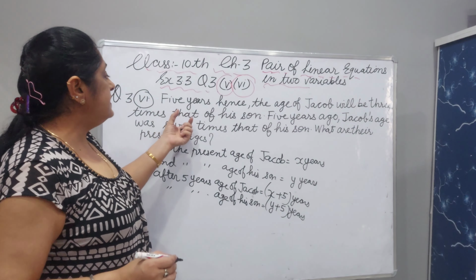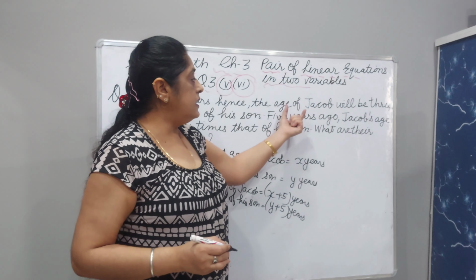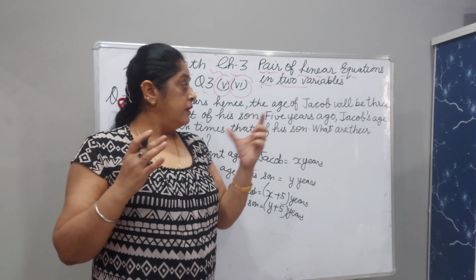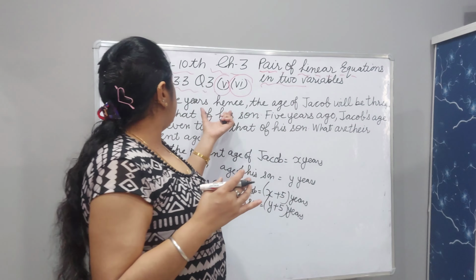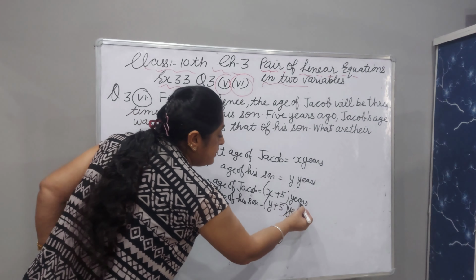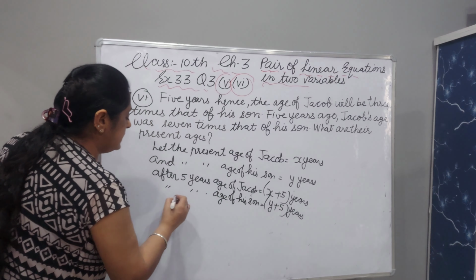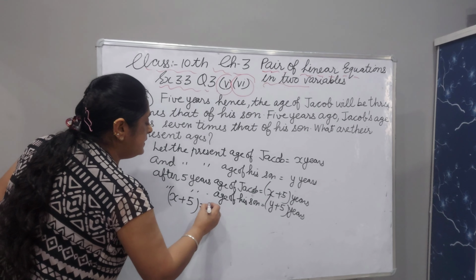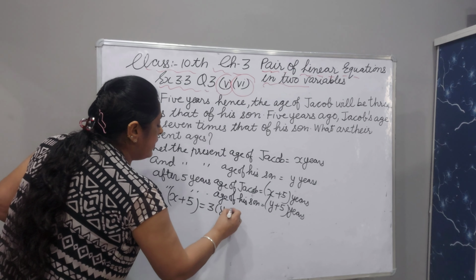Now again I am reading the statement. 5 years hence the age of Jacob will be 3 times. After 5 years he will be 3 times of the son. Means Jacob's age will be 3 times of his son. X plus 5 will be 3 times y plus 5.